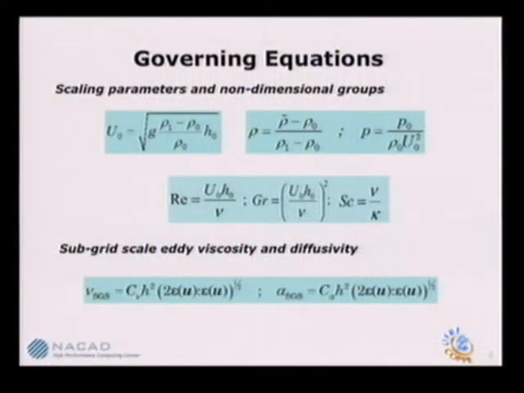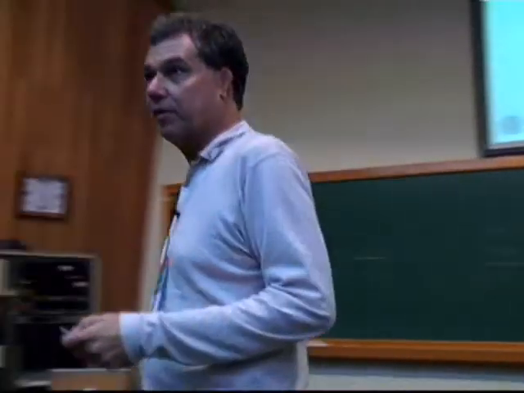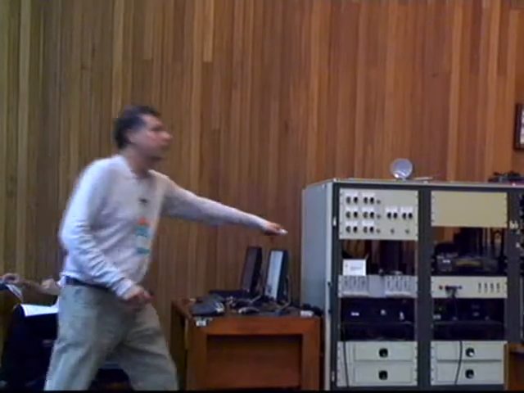We also assume subgrid scale eddy viscosity and diffusivity for the Navier-Stokes, and also for the density transport equations. This is a simple model, and then we have several possible ways of computing and approximating this.